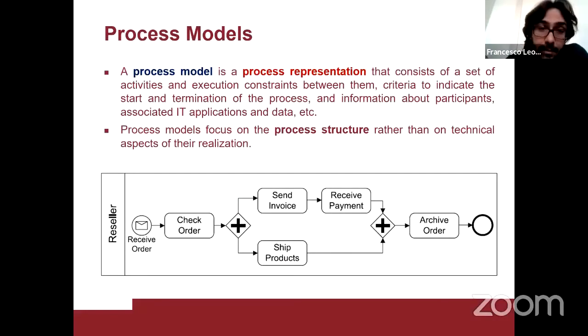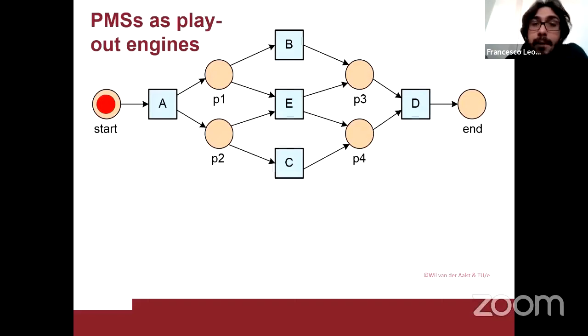Here is a slide about how process models can be represented. Of course, as Massimo said, there are many different formalisms that can be used in order to represent a process model. In the end, from the point of view of research, process models are usually represented with formal formalisms, such as Petri nets.